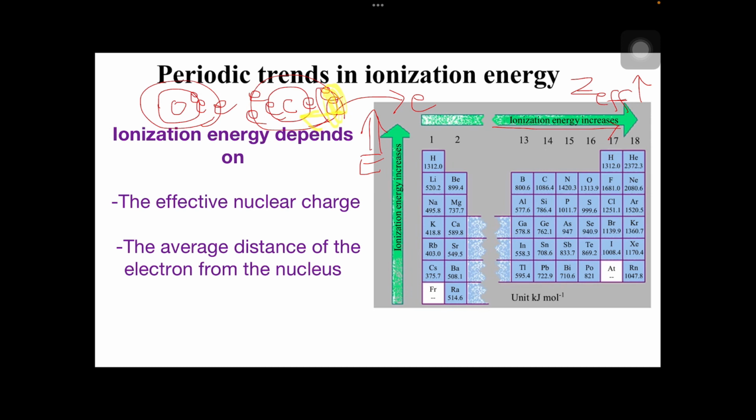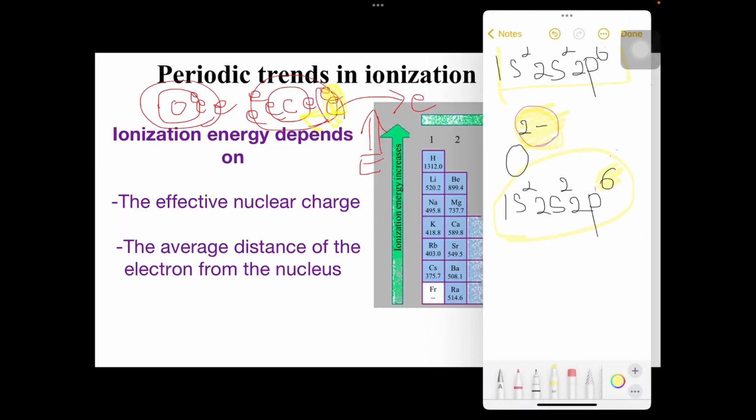You need to remember that. And the distance of the electron from the nucleus is also less, so therefore the ionization energy increases. Down the group ionization energy decreases, and towards the top ionization energy increases. That is also because of the effective nuclear charge.